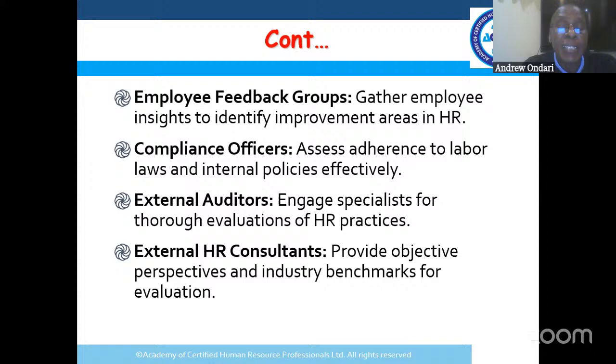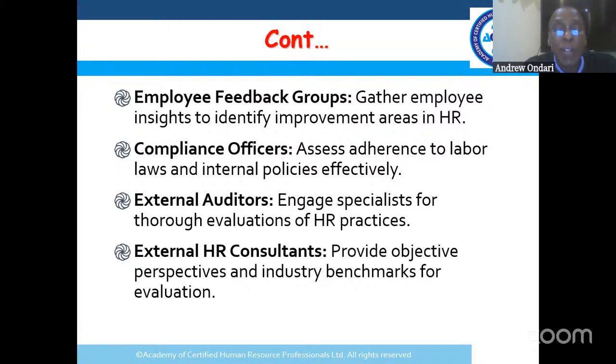This is on the understanding that when we conduct it ourselves internally, we are likely to be biased. So external HR consultants, one, bring their expertise from the industry based on the organizations they have audited. And two, they are likely to give an independent opinion on what is happening with our HR systems and policies.